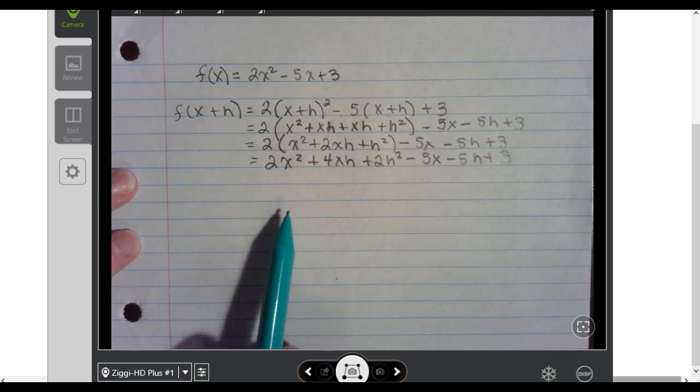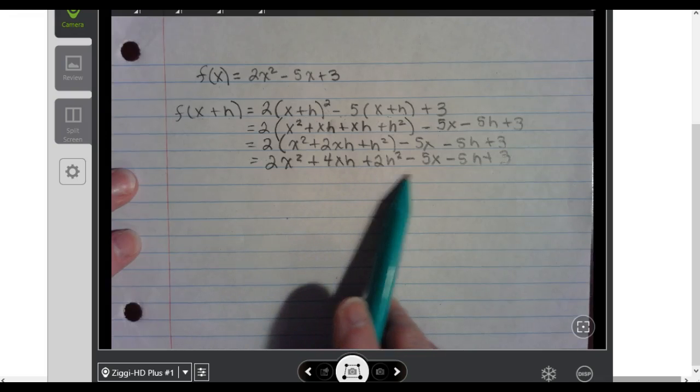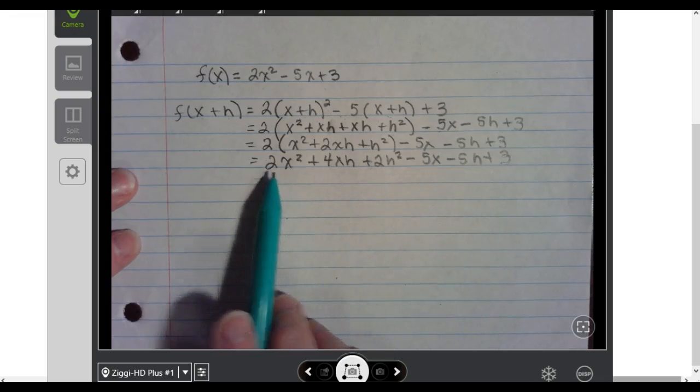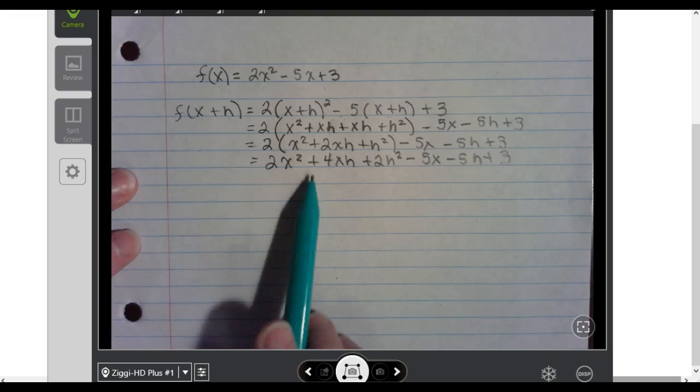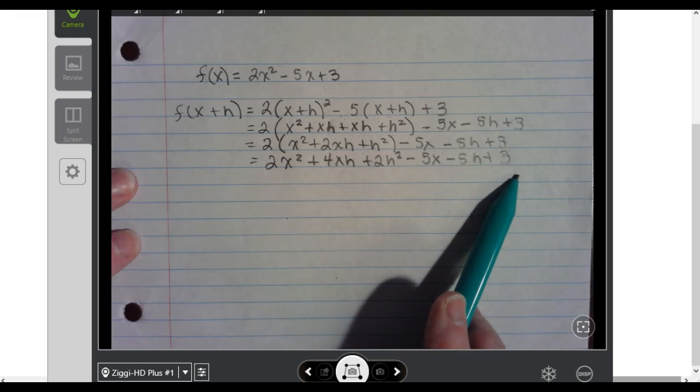And then we'll look at all of this and see, is there anything we can simplify? And there isn't. There's no like terms. So f of x plus h is all of this right here.